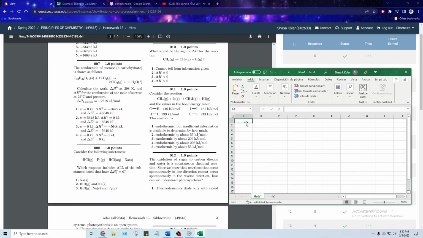Just a note. We have 4 CH bonds here, but there are 3 CH bonds over here, so we only have a single one left on this side. So 416, we can go ahead and do the math for it. Equals 416 plus we have one II bond, so 151. And this is our bonds broken, our reactants.